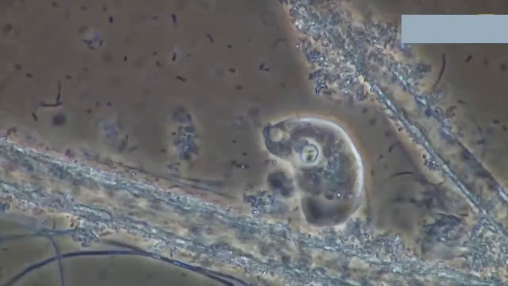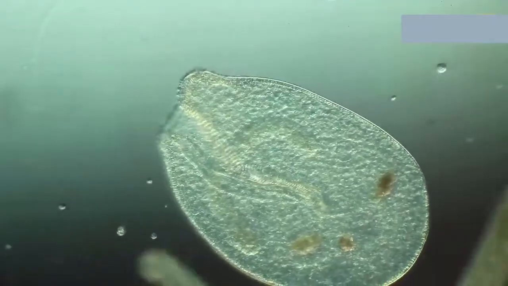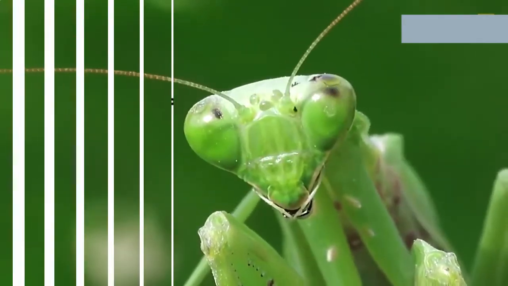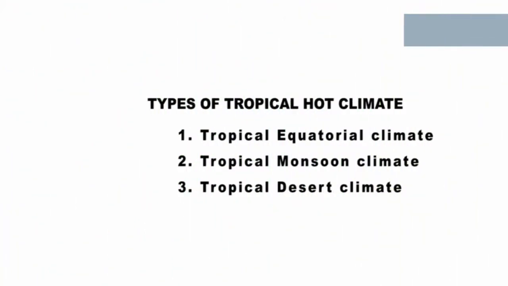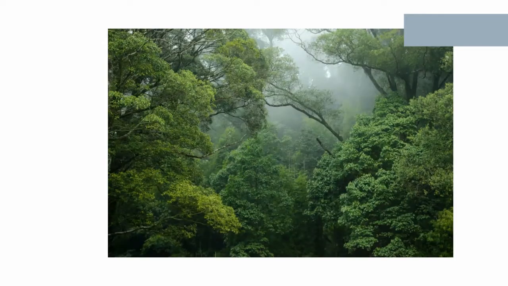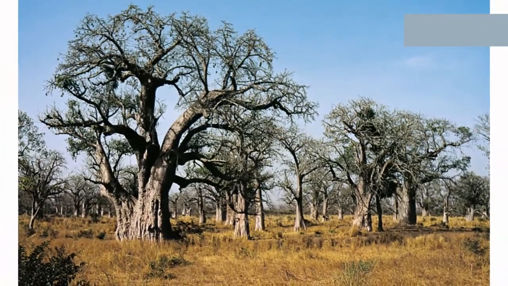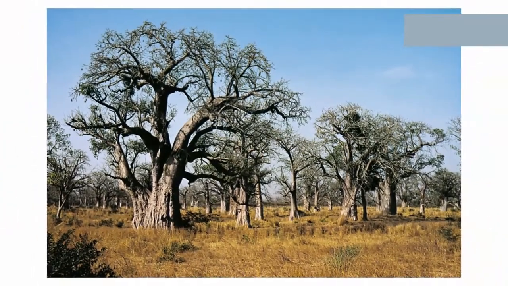So what are the climatic belts in the world that we have globally? First, we have hot climates, which can either be tropical or subtropical. So the tropical climates that we have are equatorial climate, monsoon climate, as well as continental or Sudan type of climate.